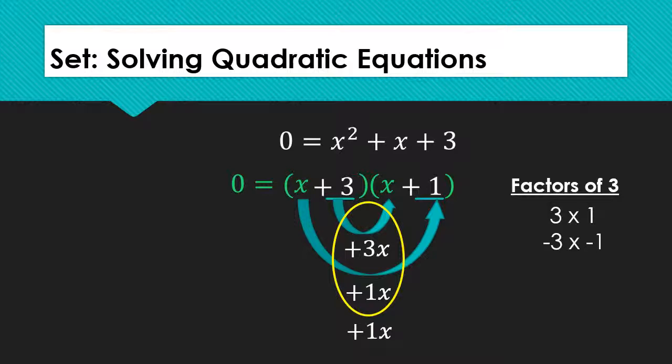But in this case, we can see that when we multiply the first term in the first factor, which is x, times the last term in the second factor, which is 1, we get 1x. And when we multiply the first term in the second factor by the second term in the first factor, we get 3x. When we add 3x to 1x, we get 4x.